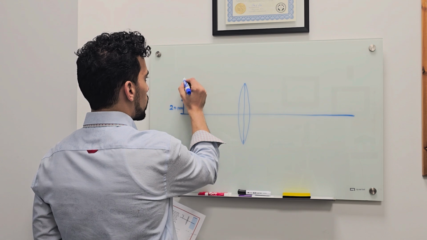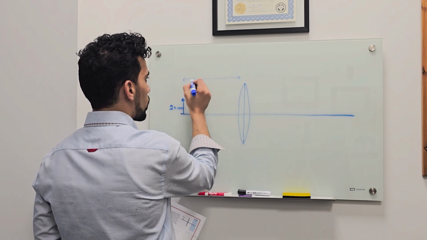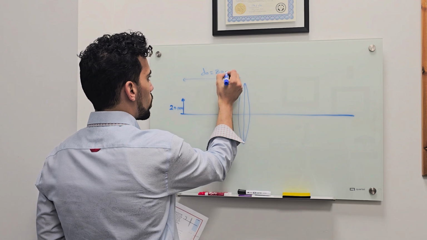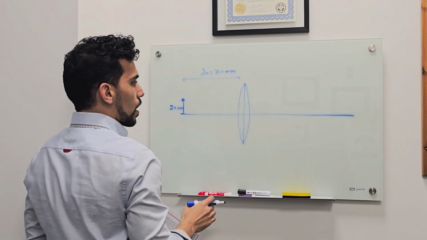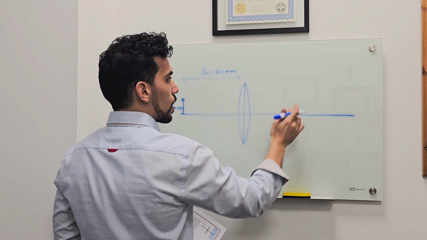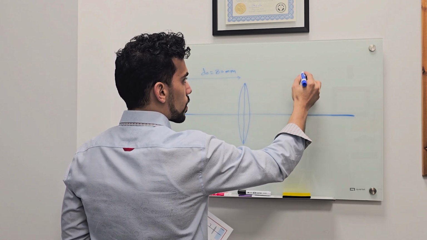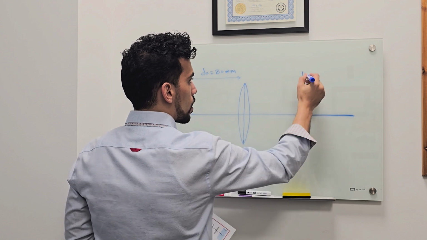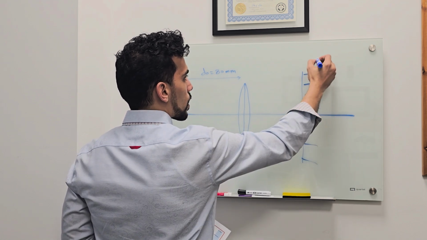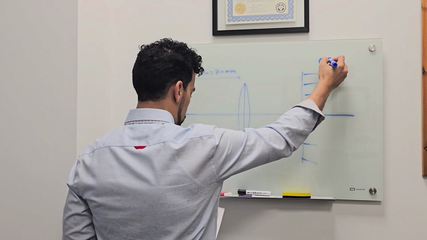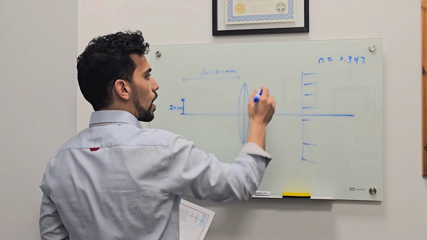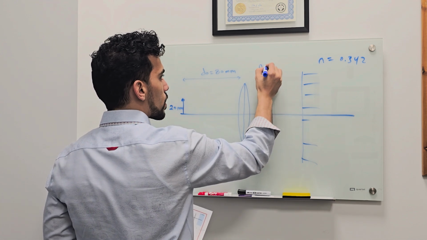So the distance between the object and the lens is equal to 80 millimeters. Then we also have, after this, another material. This is another material, and this material has an N of 0.342, and the N here is basically air, so its N is equal to 1.